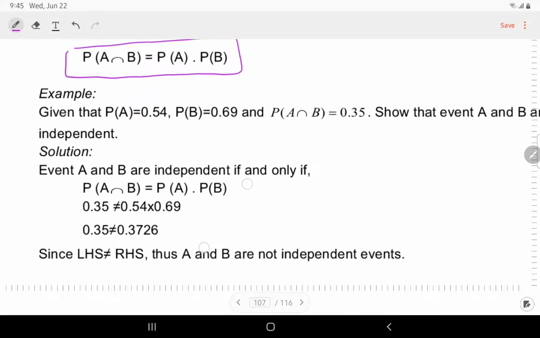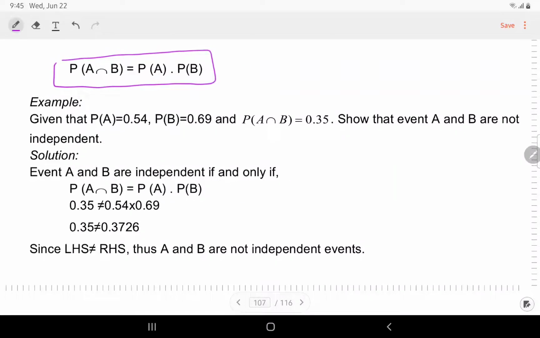Okay, kita tengok example. Given that probability for event A is 0.54, probability for event B is 0.69, and probability for event A intersect event B equals 0.35. So show that event A and B are not independent. Not independent meaning that it will not satisfy this formula. So kita nak tengok dia satisfy, not satisfy, kita kena carilah probability of A intersect B is given right here, which is 0.35.